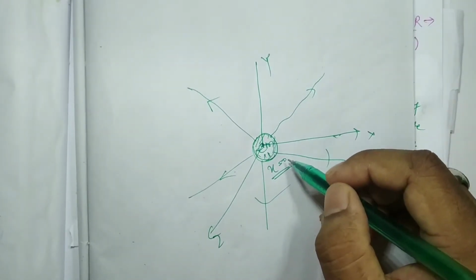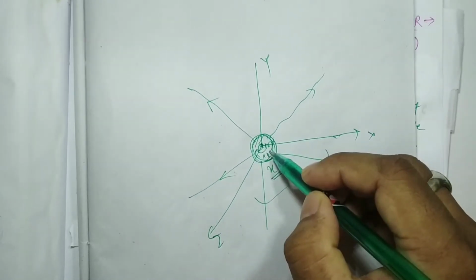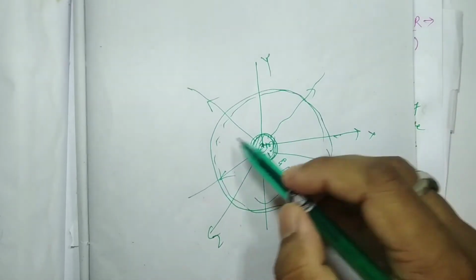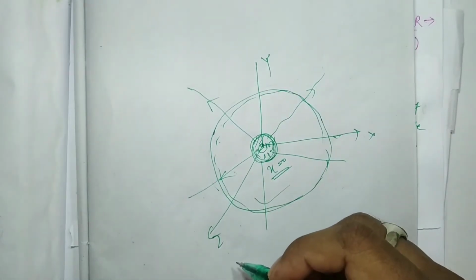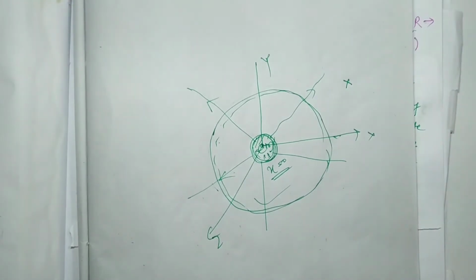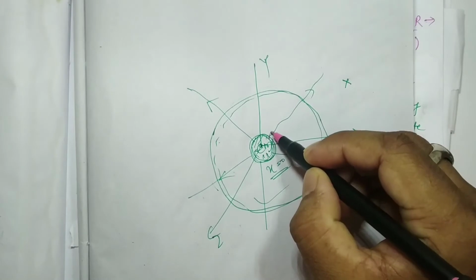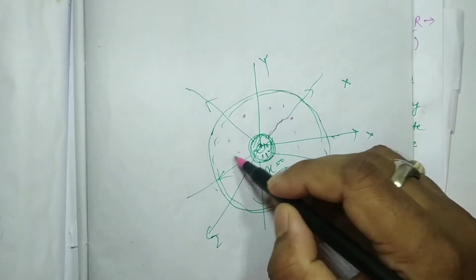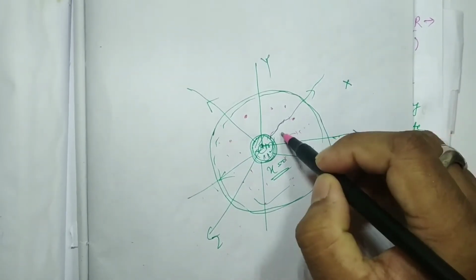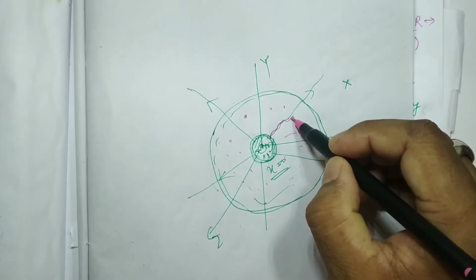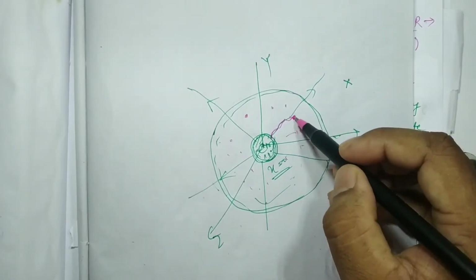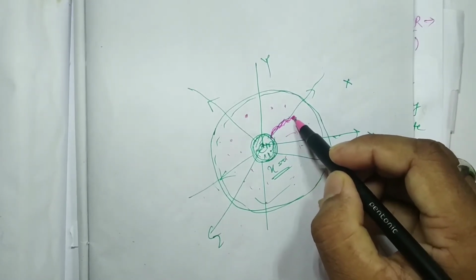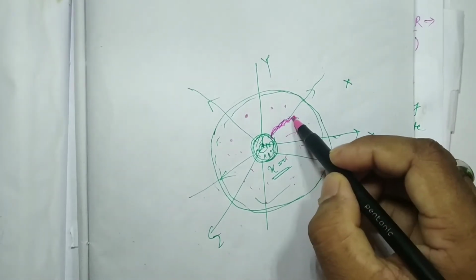One can imagine that however much it is decreasing here, exactly the same amount of energy is going to be transmitted through this surface area, but that is not actually true. What is going to happen? Whenever the electromagnetic wave is radiating, along the way the atoms and molecules of the air medium are present. First this electromagnetic energy is going to interact with these molecules, ion particles or atoms. Due to the interaction of this electromagnetic energy with the atoms, some energy is going to be dissipated.